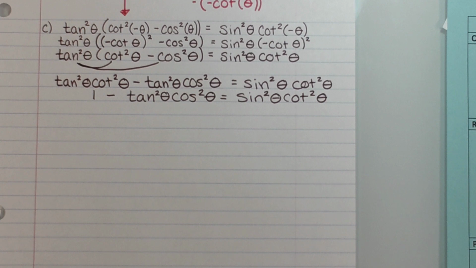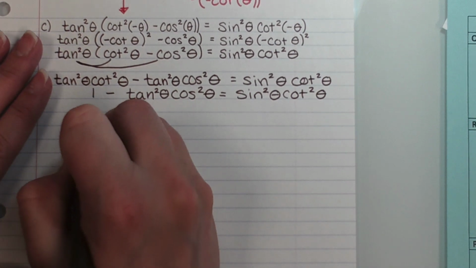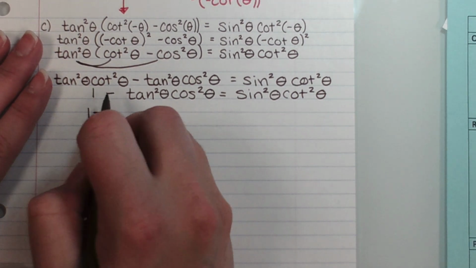No. Added fractions? No. Algebra, I already checked multiplied reciprocals. When in doubt, change everything into sines and cosines. Tangent squared as sines and cosines.